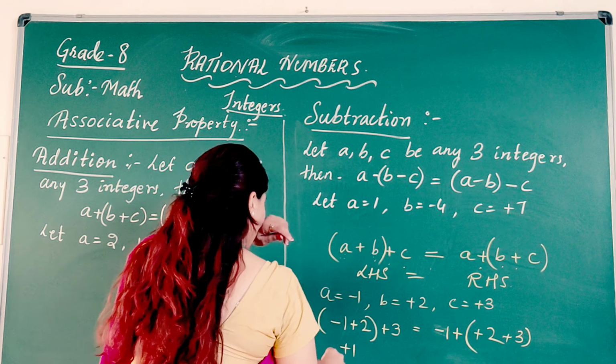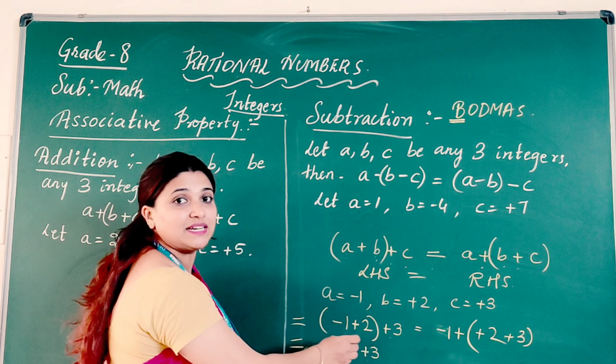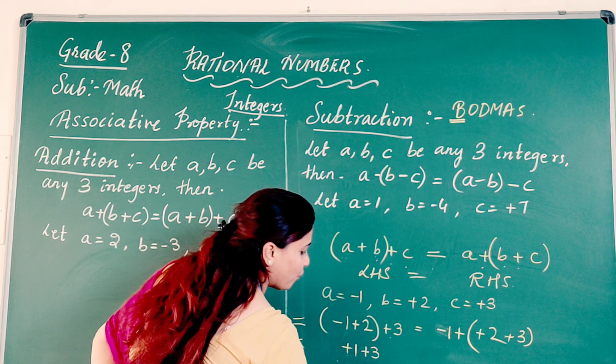So when I am following the rule of BODMAS, first I will solve my brackets. Now what are my brackets? Minus 1 and plus 2 are in the bracket. So first I will solve the bracket. Minus 1 plus 2 is plus 1, and plus 1 plus 3 is nothing but plus 4.